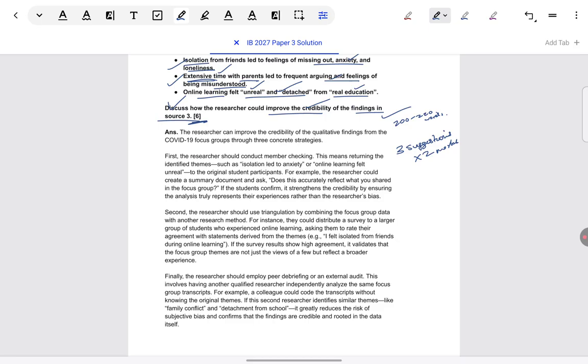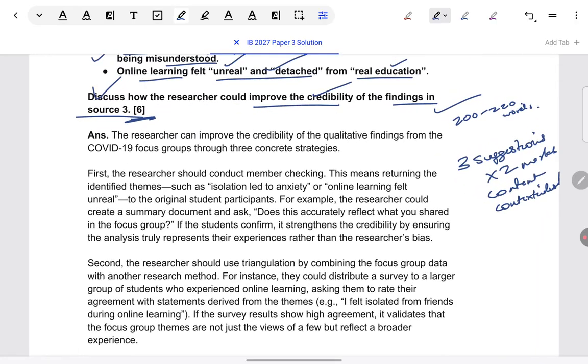More than how much you're going to write per point or how many sentences you're going to give, the content being contextualized and relevant is going to earn you marks. So think of it as 3 PEEL points that you need to give to earn your 6 marks. That is the broad structure. Because there are three suggestions that you're going to make, just organize it into 3 paragraphs, like I told you, PEEL paragraphs.